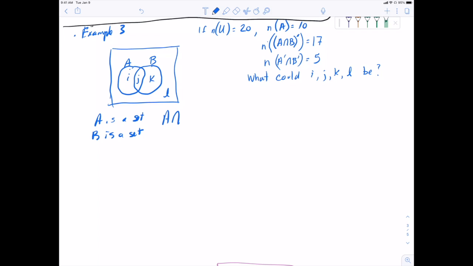A intersects B, and that's got these elements J in it. And then L is outside of A and outside of B.